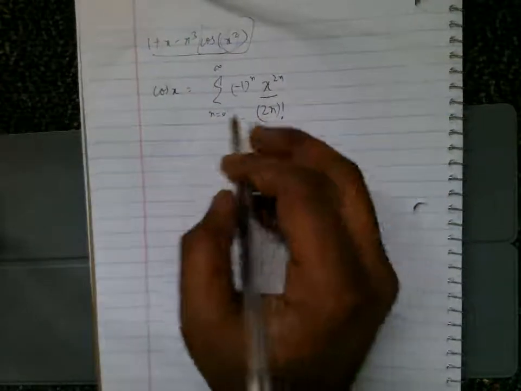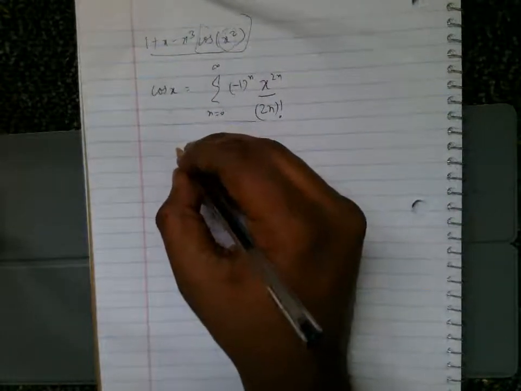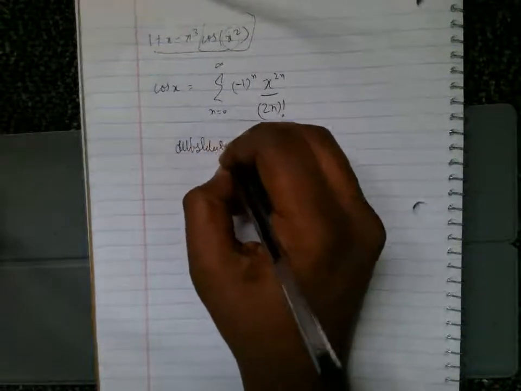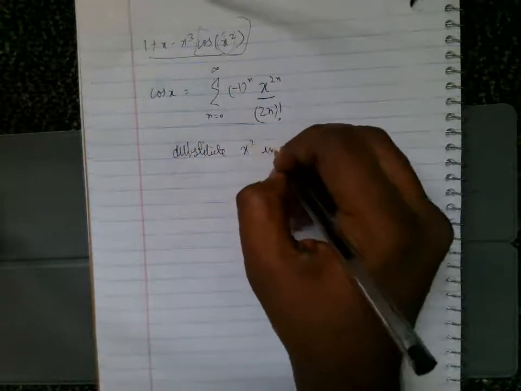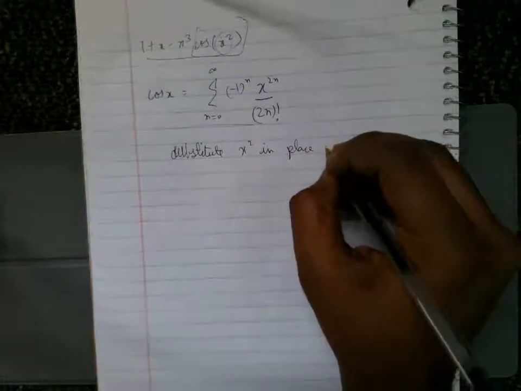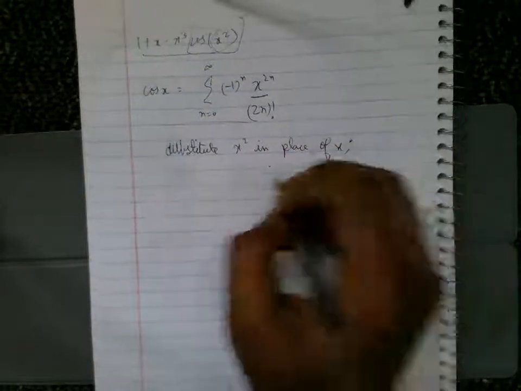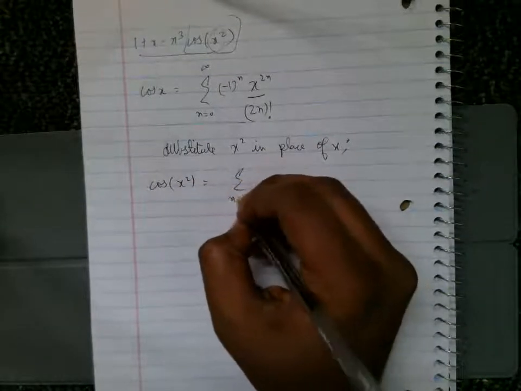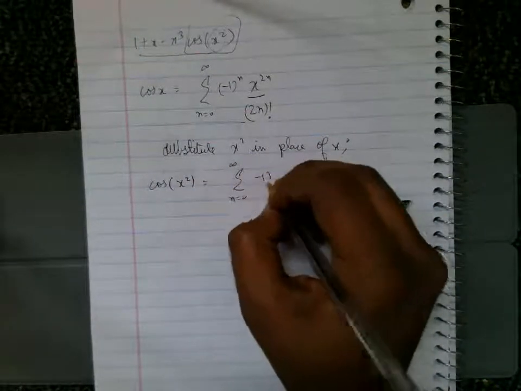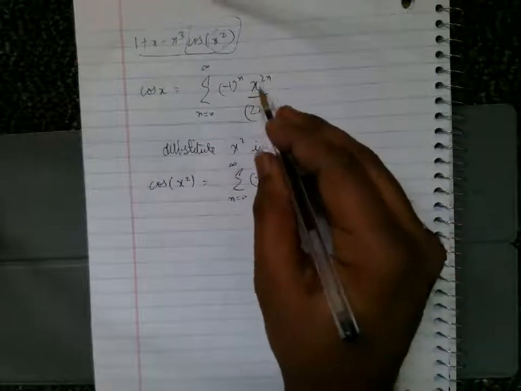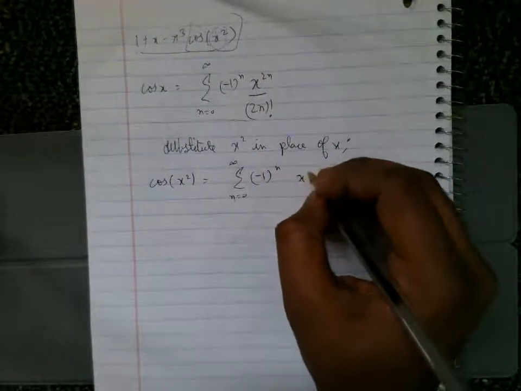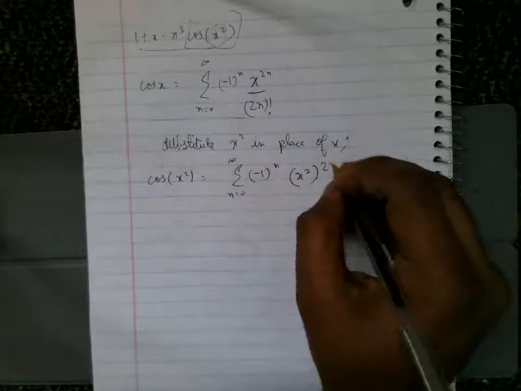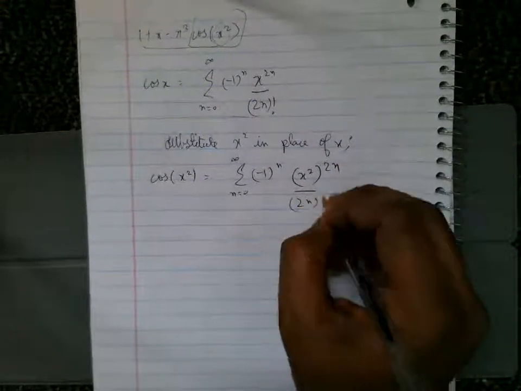So cos x is this, so substitute x squared in place of x, then you will have cos of x squared is sum over n running from 0 to infinity (-1)^n, and x squared in place of x, and then you have this by this.